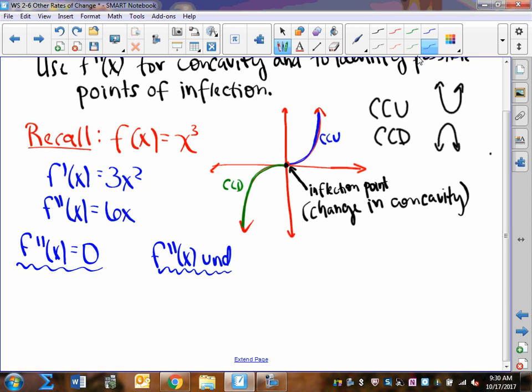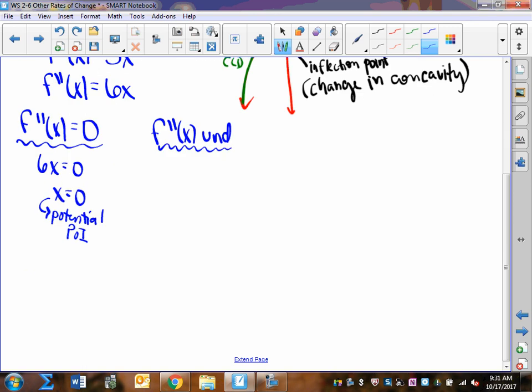Taking a look at my second derivative equal to 0, that would mean 6x equals 0, which gives me x equals 0. So this is a possible POI. We have to actually test it. Can my second derivative ever be undefined for this one? No, so we don't have to worry about that.